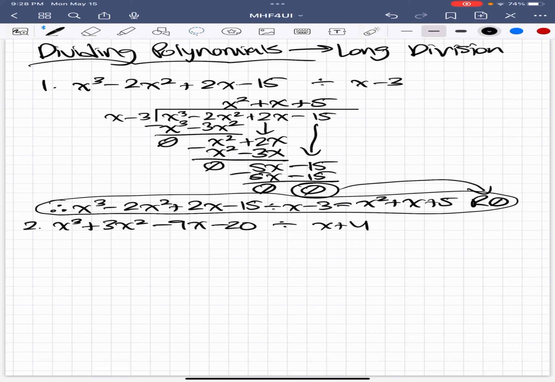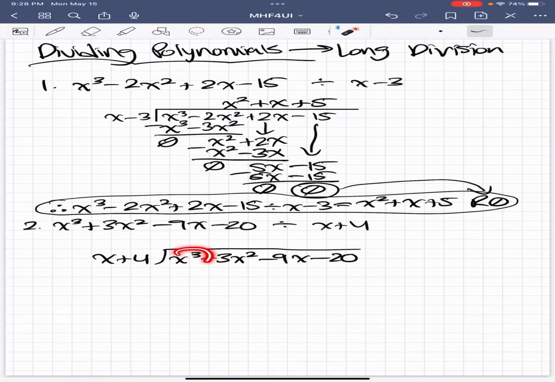And now for the next question. So what multiplied by x gets x to the power of 3? What variable and to what degree are we multiplying x by to get x to the power of 3?